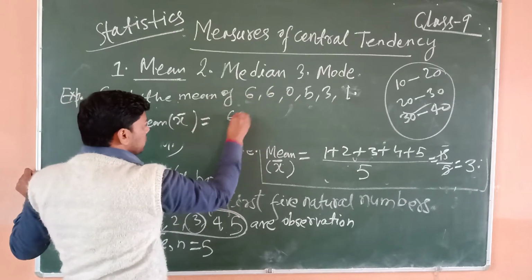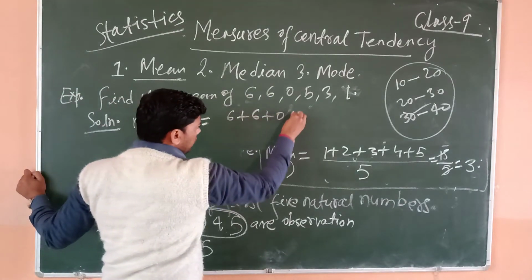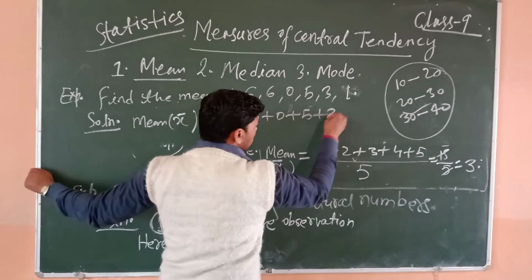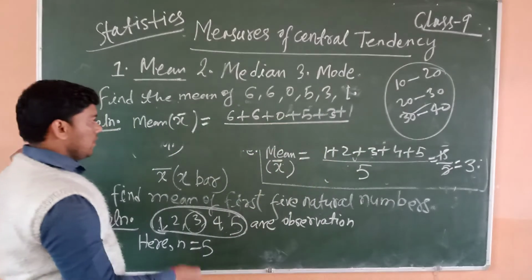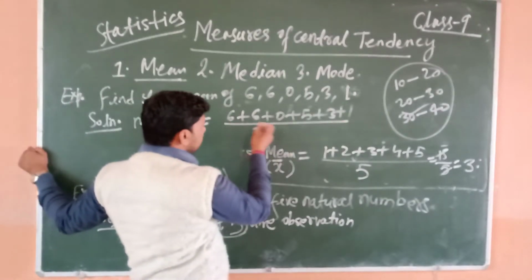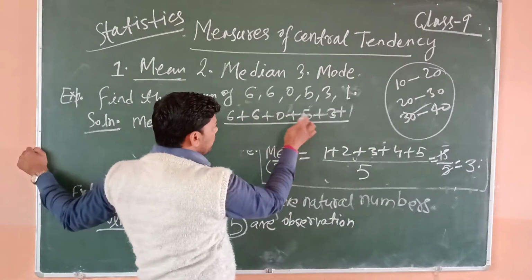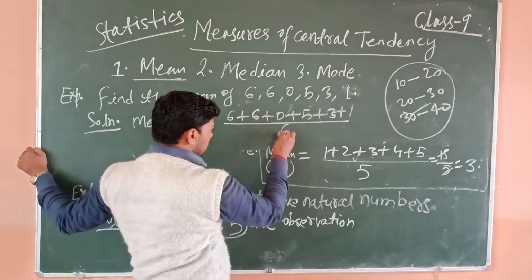Simply add 6 plus 6 plus 0 plus 5 plus 3 plus 1, total 21.